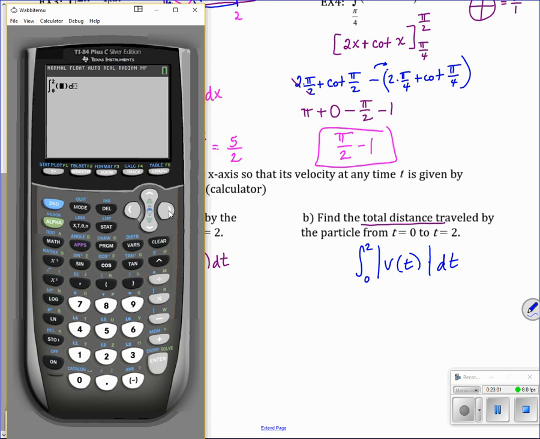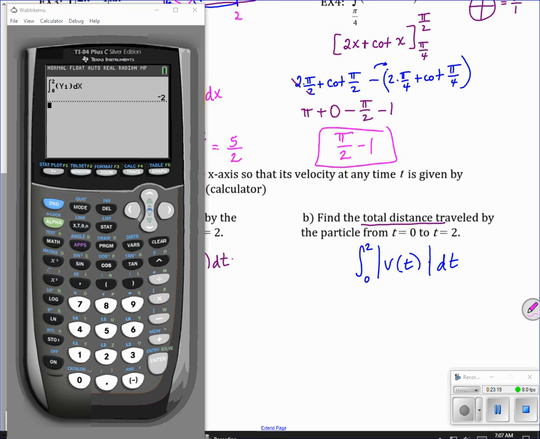But since I've already typed it in y1, I'm going to hit alpha, trace. I'm going to put in y1. My variable is x, and I hit enter, and sweet heavens, it gives me the answer. So my displacement is -2.